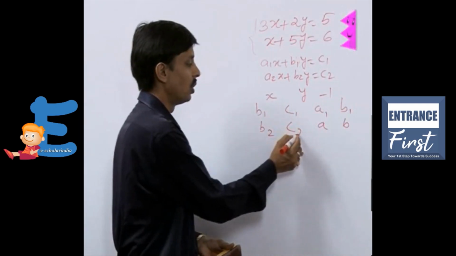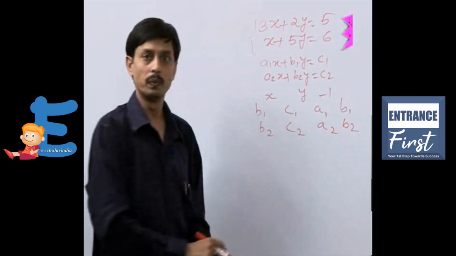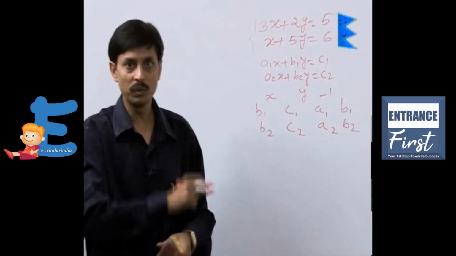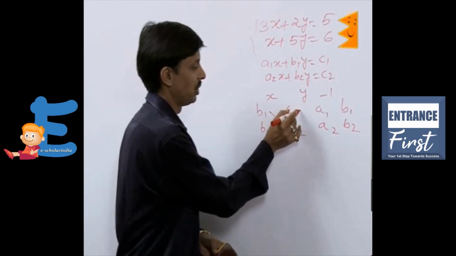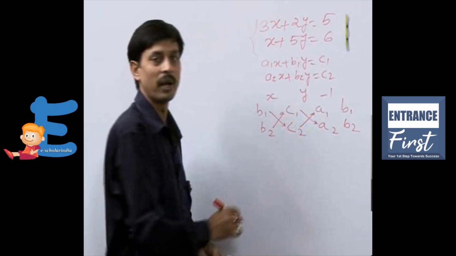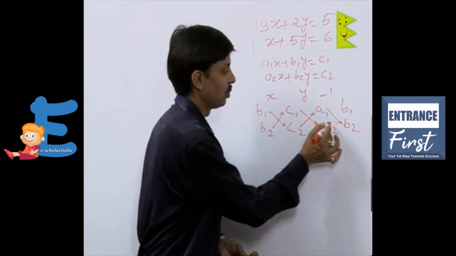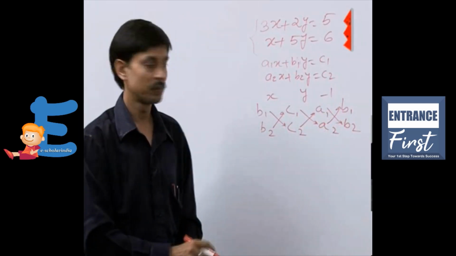Then you write 2, 2, 2, 2. Now put the arrows of cross multiplication: this into this minus this into this, this into this minus this into this, this into this minus this into this.